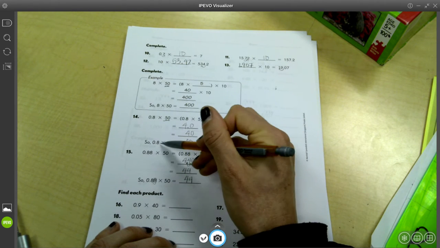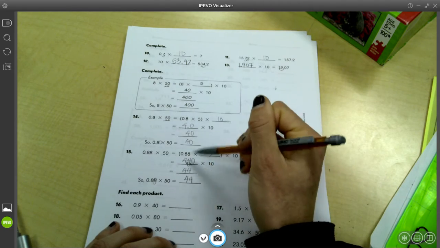This is a little bit more than this one, so I'm going to get a little bit larger of a number.